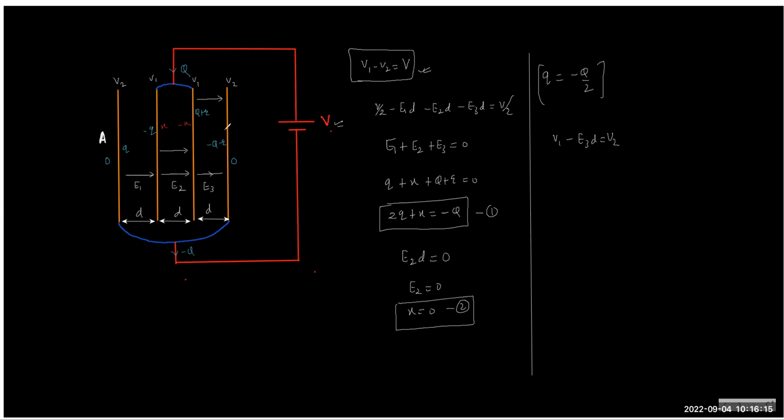V is given in the question. The charges are not given. So we have to find everything else in terms of V only. So V1 minus V2 is E3D, and this is capital V.